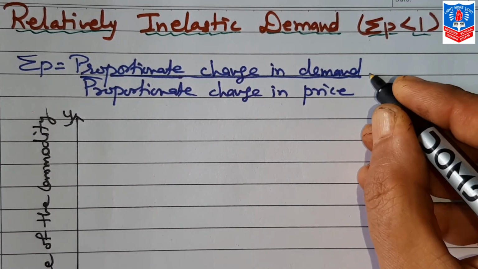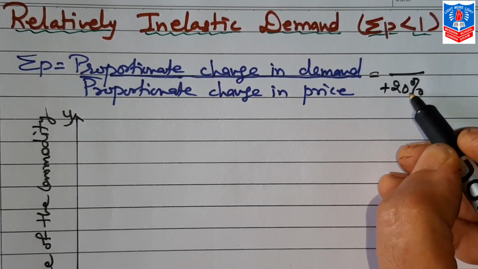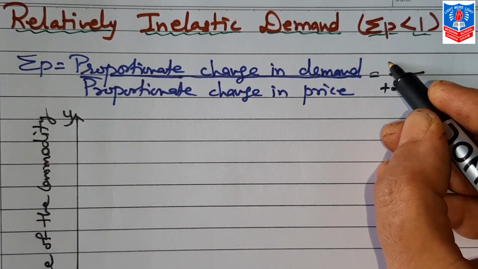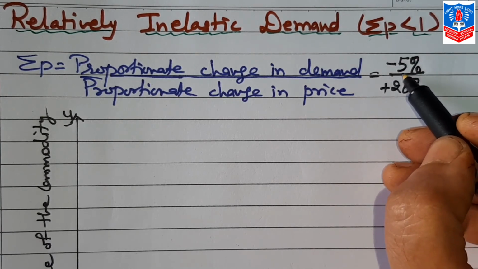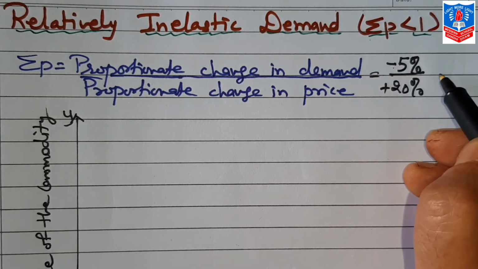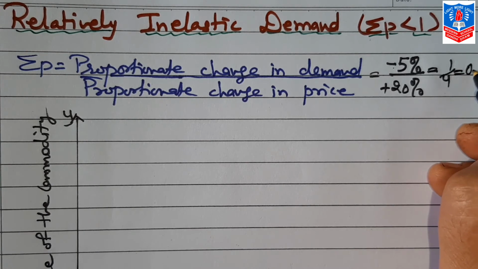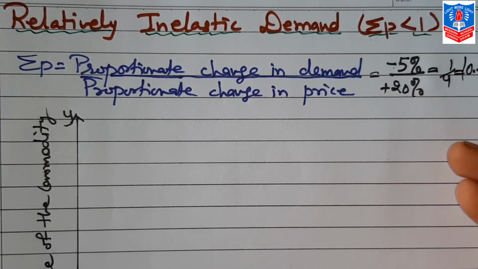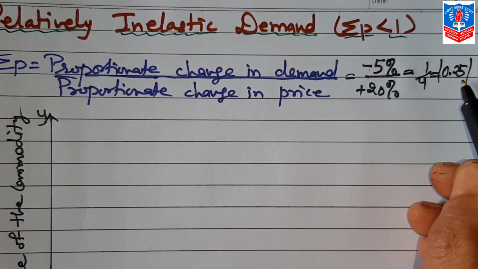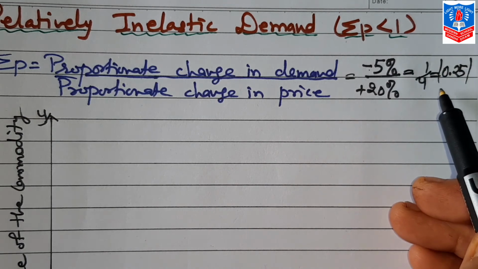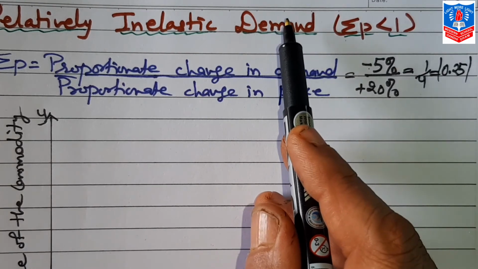For example, there is an increase in the price, that is 20%, and because of which there is a decrease in the demand, that is 5%, so it will be minus 5. So this comes to 1/4 or 0.25. Again this will be in the modulus form. So this is 0.25, which is less than 1. Now this is known as relatively inelastic demand.